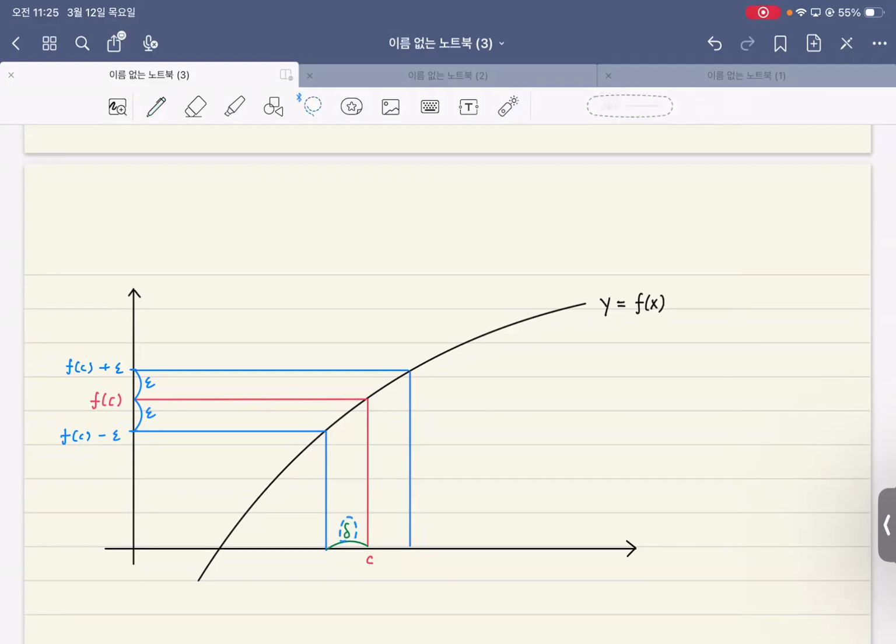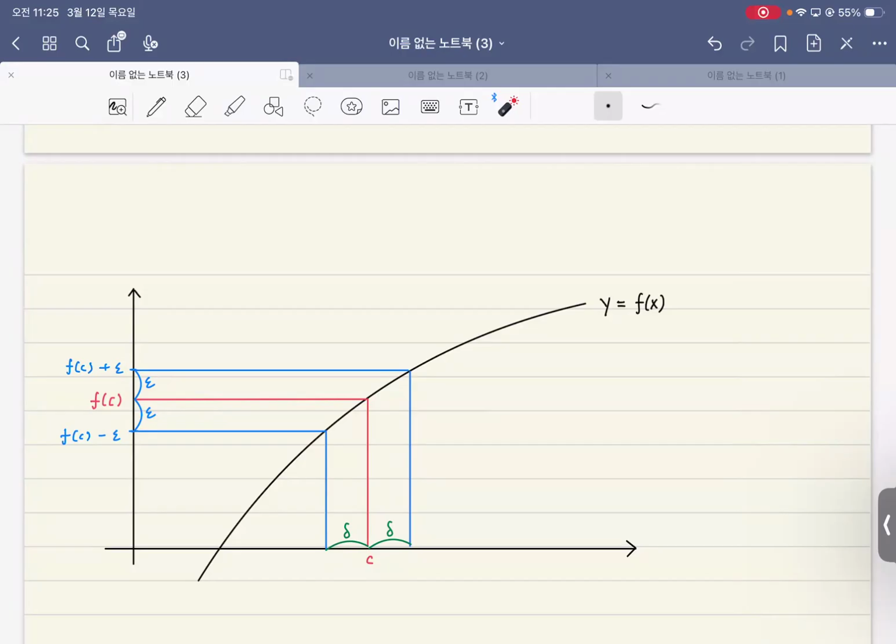Because if my x lies in this interval, then the function values for this interval are guaranteed to be in this interval, right? Okay, so therefore, for this epsilon, I could find another delta.